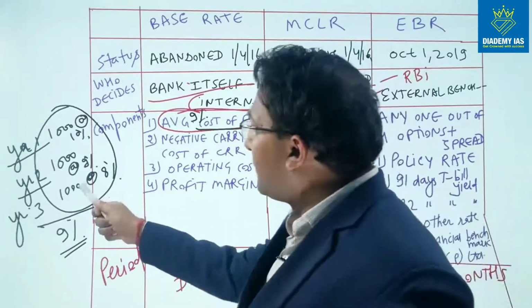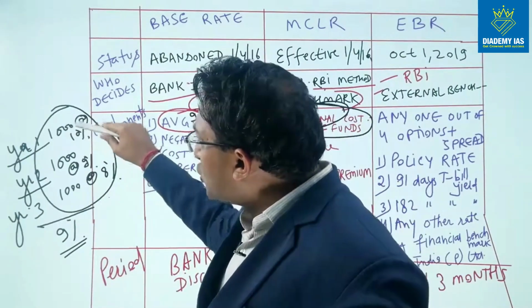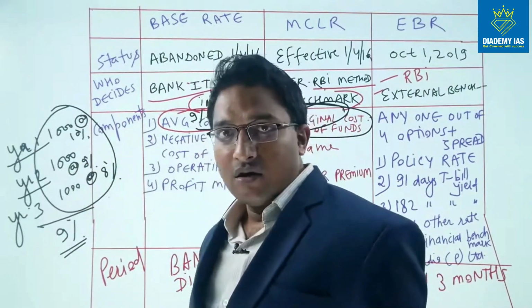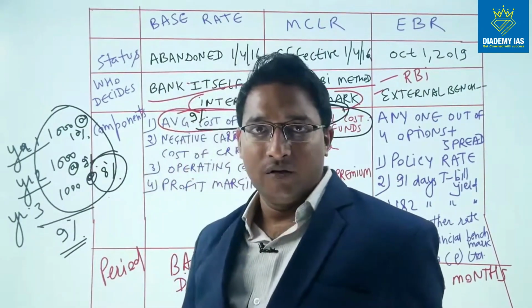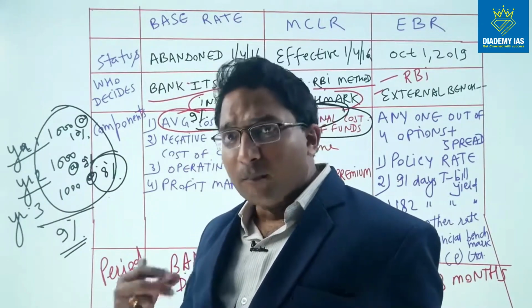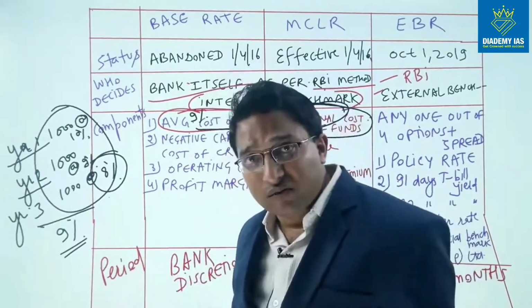So coming back to this example, year 1 cost is 10%, year 2 cost is 9%, year 3 cost is 8%. So the latest deposit rate which is offered by the bank is 8%. When people are depositing their money, they are getting 8% from the bank.